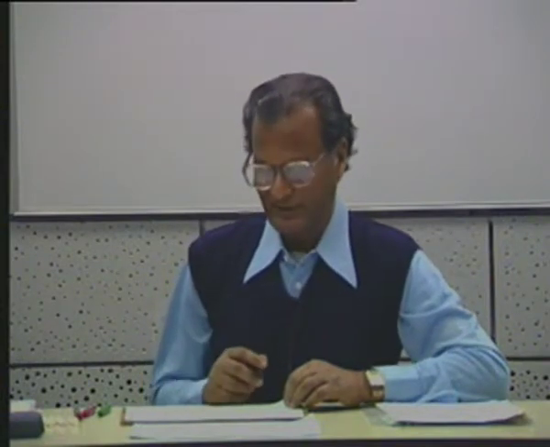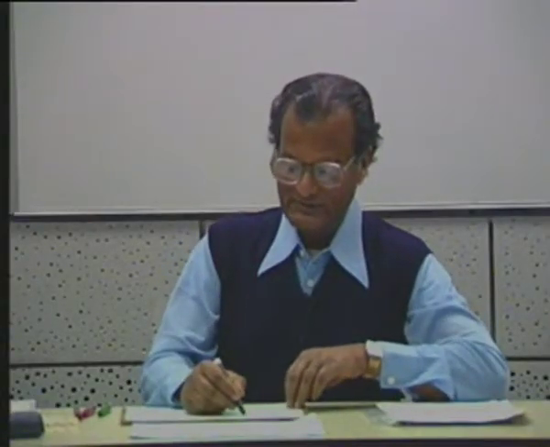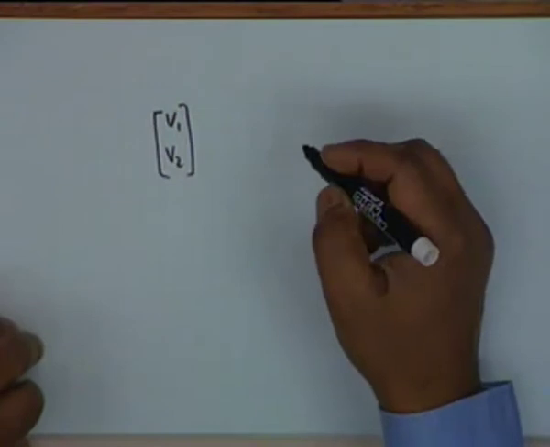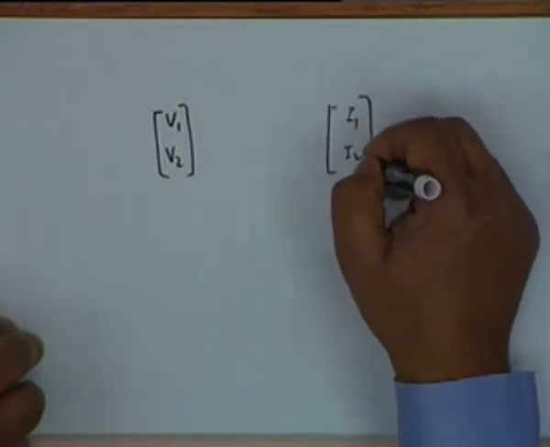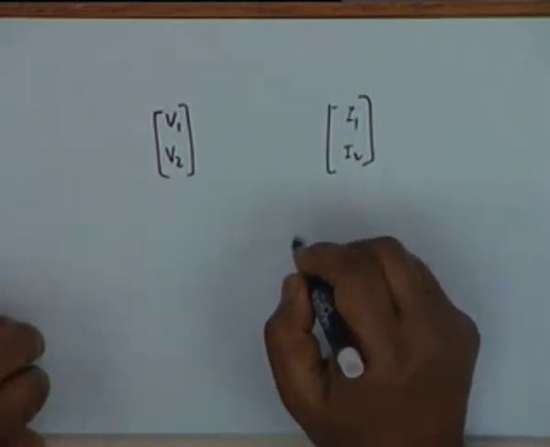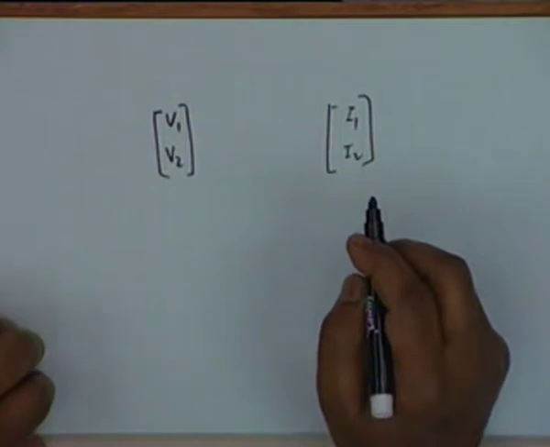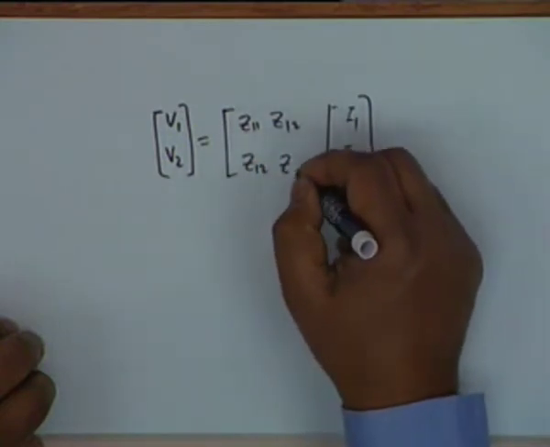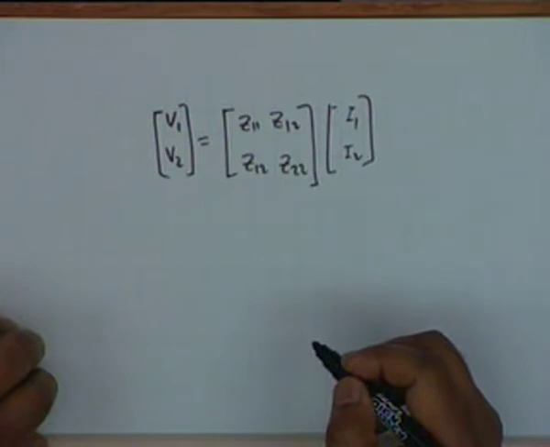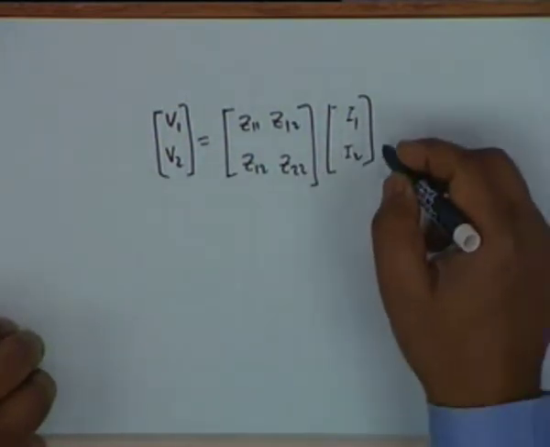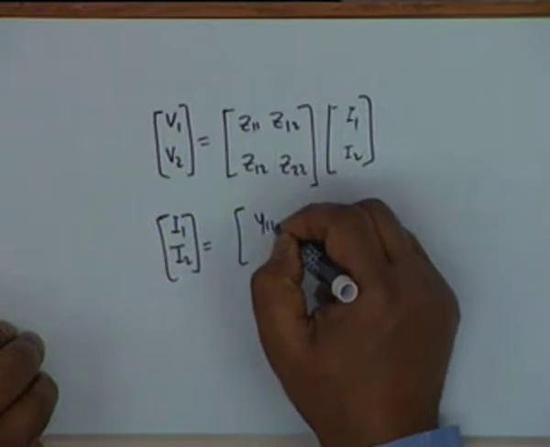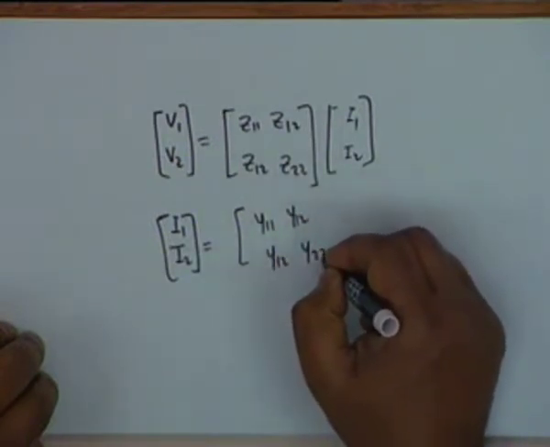But if you notice this carefully, take V1, V2, the open circuit impedance parameters, and I write this as a matrix of a single column, a single column matrix is also known as a vector, then you notice that the coefficient matrix is simply this, Z11, Z12, Z12, Z22, all right, whereas this is for the open circuit Z parameters, for the short circuit Y parameters it is the other way around, Y11, Y12, Y12, Y22.